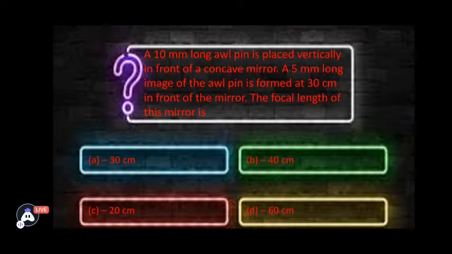Okay, think about it fast. A 10 millimeter long awl pin is placed vertically in front of the concave mirror. A 5 millimeter long image of the awl pin is formed at 30 centimeter in front of the mirror. Find the focal length.